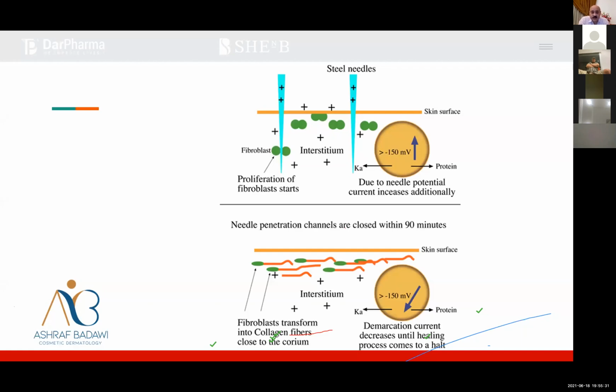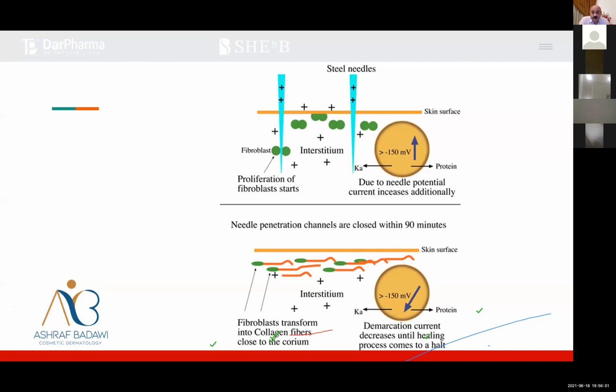Is this the only mechanism of action of the needling? No. It was found that when we insert multiple needles into the skin, there will be a mild inflammatory reaction stimulated. And we know that one of the most important acute inflammatory cells is the fibroblasts. And the fibroblast function is synthesis of new collagen. So we are stimulating an acute inflammatory response, and this will invite fibroblasts.